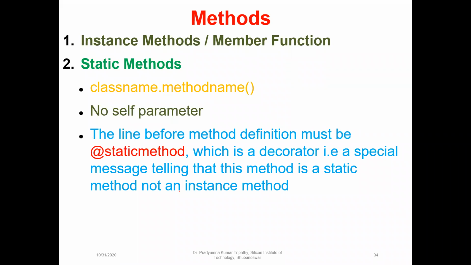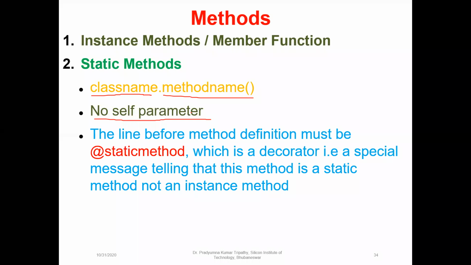Because it is not in the scope of that object; it is in the scope of the class. Is it understood? So how will you invoke it? It is the class name, then the method name, and there is no self parameter over here.